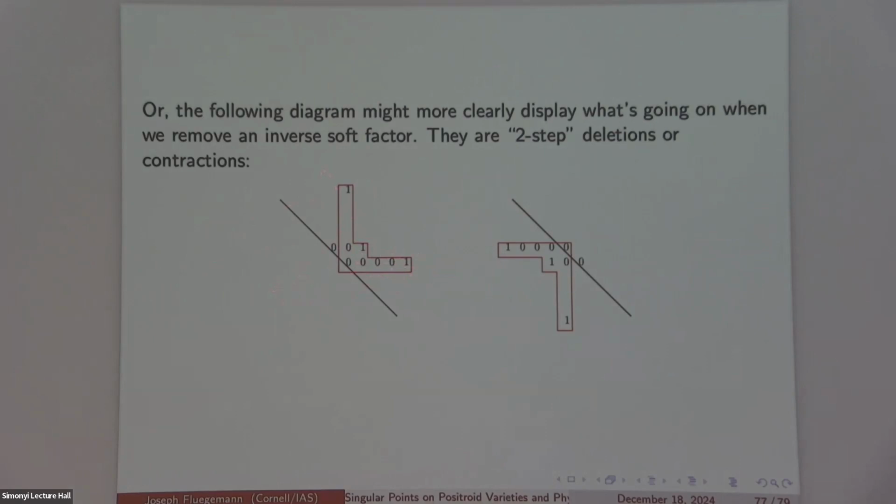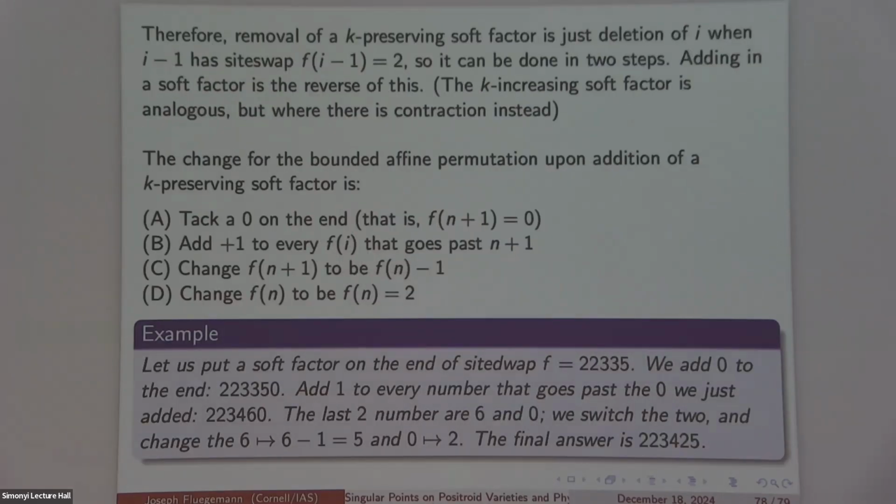So doing an inverse soft factor, putting it in, would be sticking in one of these things, and the details of what that does to a cyc swap are here, so it's not difficult. You put a 0 at the end. You make a couple of changes.